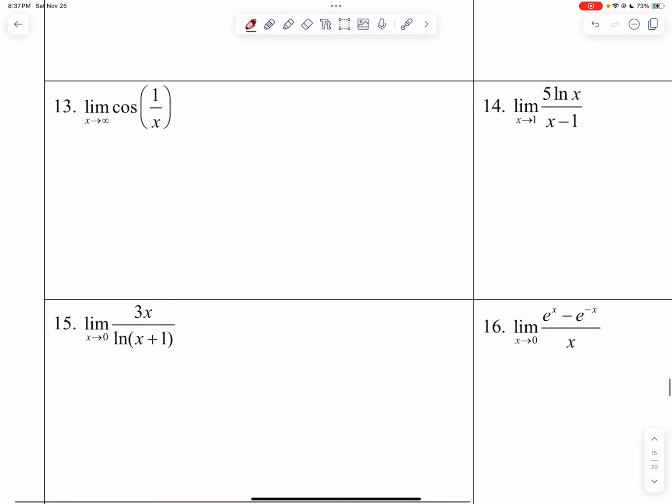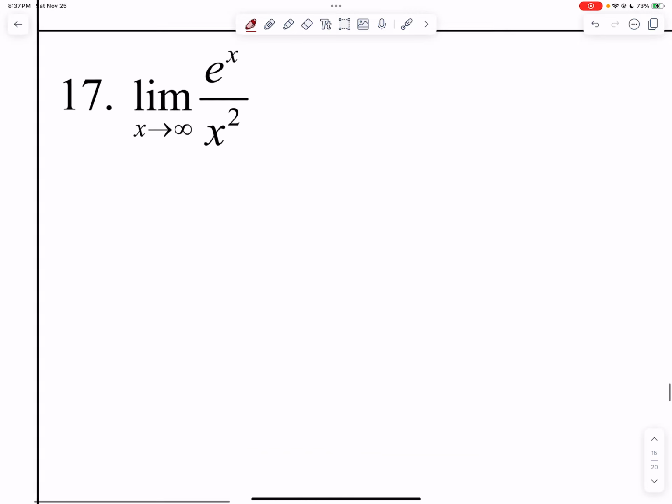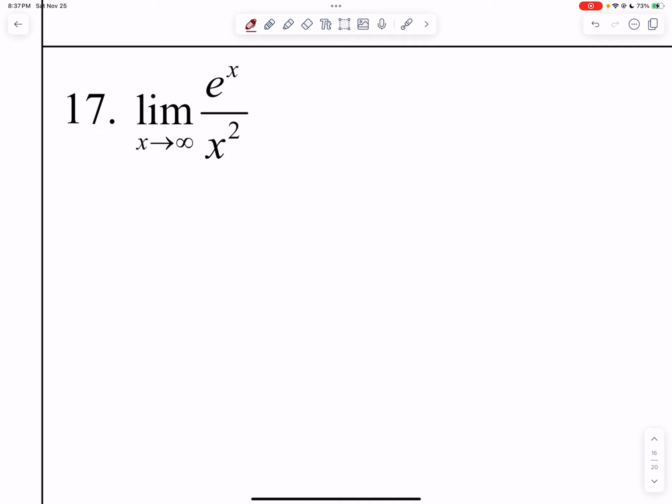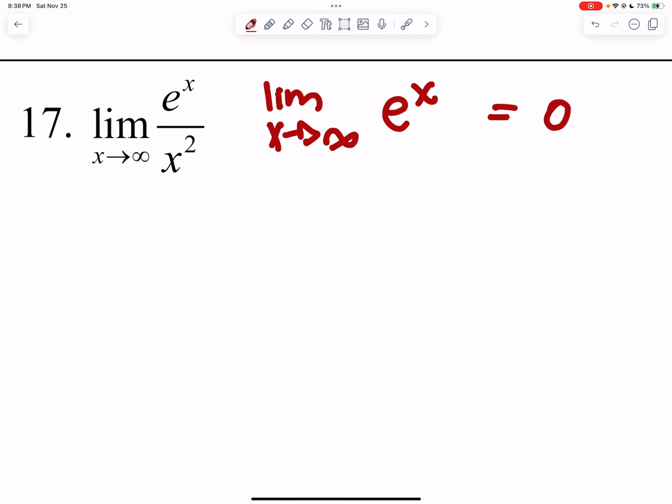Okay, let's see something like number 17 here. The limit as x approaches infinity of e to the x over x squared, once again, you want to see that this is going to be infinity, just because it's an exponential function.